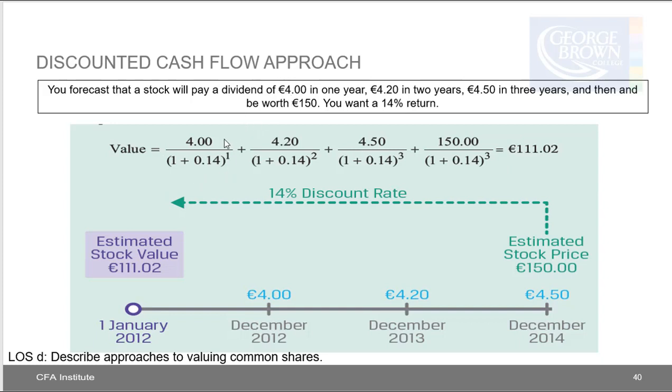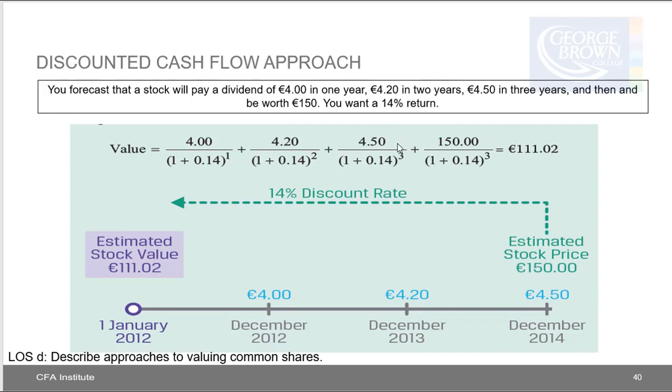So the $4 dividend in 1 year: this is the present value of $4 in 1 year using a 14% discount rate. This is the present value of €4.20 in 2 years using a 14% discount rate. And then you can see in 3 years you're receiving not only the dividend, but you're also assuming that you're selling the shares.